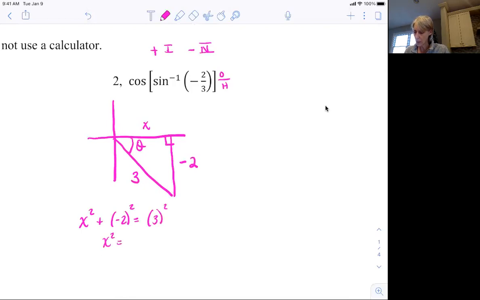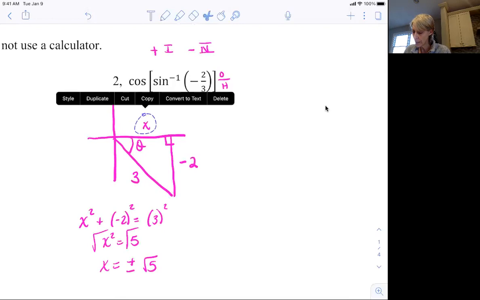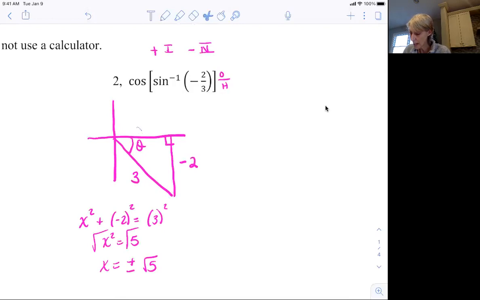So my value is going to be 9 minus 4, which is 5. X is going to equal plus or minus radical 5. And in this situation, now that I got my x, it's going to be the positive because I'm on the positive part of the x-axis.